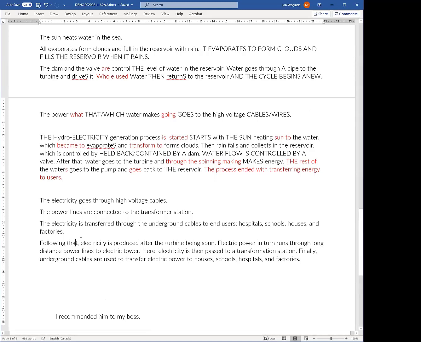So it's not following the cycle beginning anew. I can leave it because I put after, because in the first paragraph I did not mention that electricity is produced. This is why I introduce here electricity is produced after the turbine being spun.